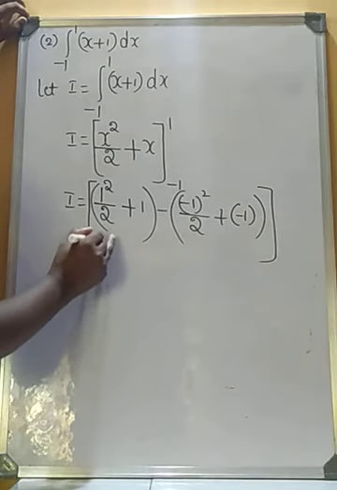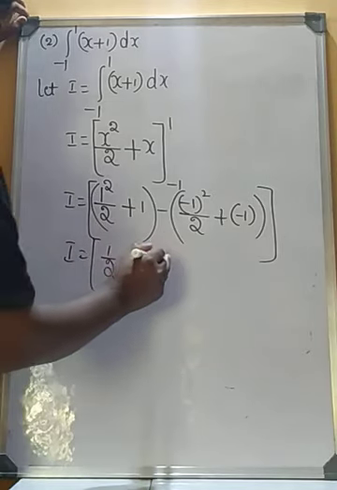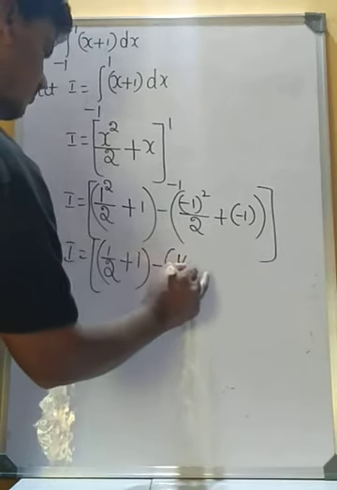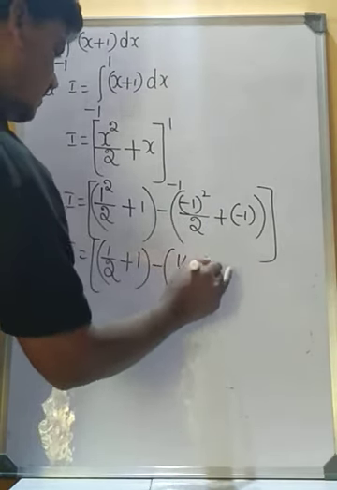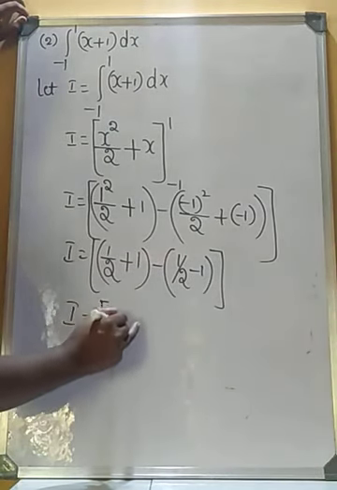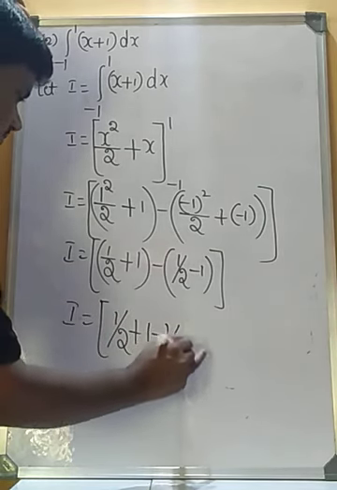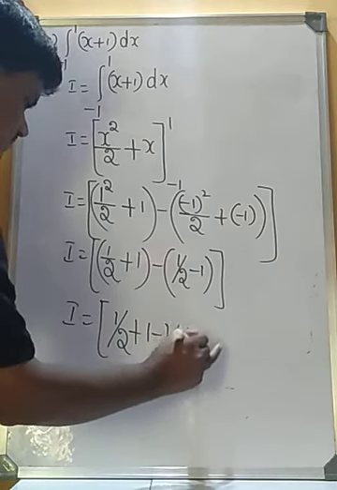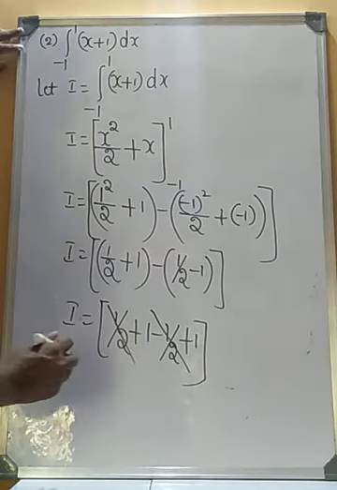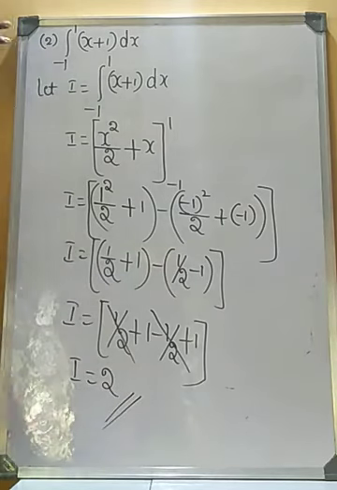Therefore I equals 1 by 2 plus 1 minus 1 by 2, minus into minus plus 1. The plus 1 by 2 and minus 1 by 2 cancel. Therefore I equals 1 plus 1, which becomes 2.